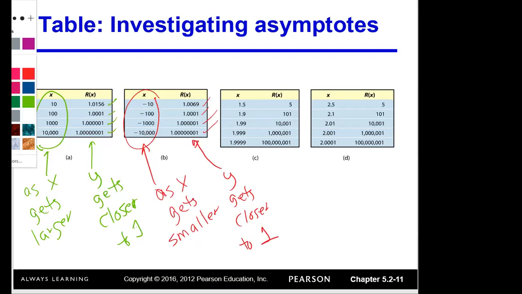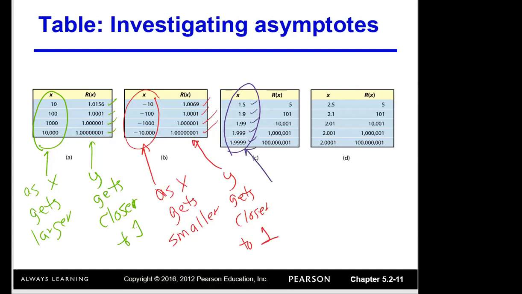Okay, now the next two look a little different. This time we're looking at x actually going from 1.5 to 1.9 to 1.99 to 1.999 to 1.99999. Now I'm saying as x gets closer to, if you keep going 1.9999999, aren't you actually getting closer and closer to the number 2?